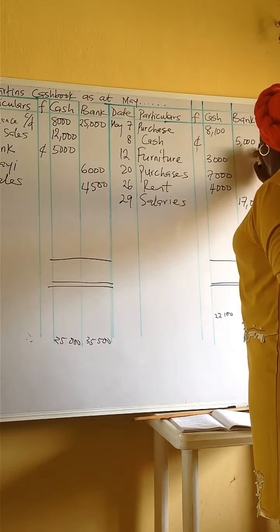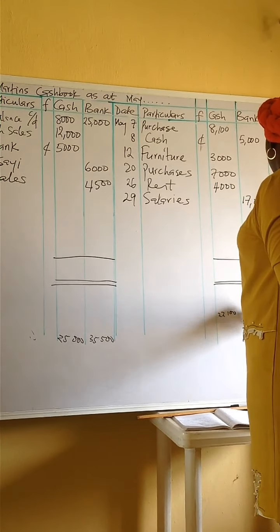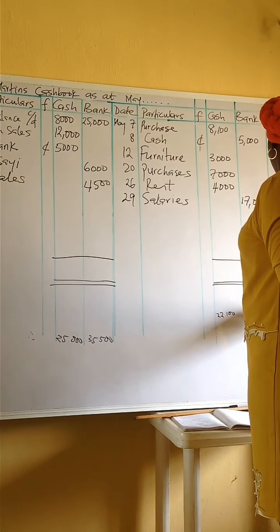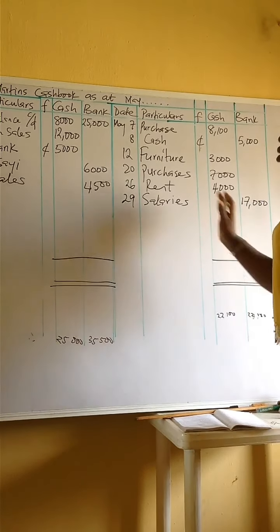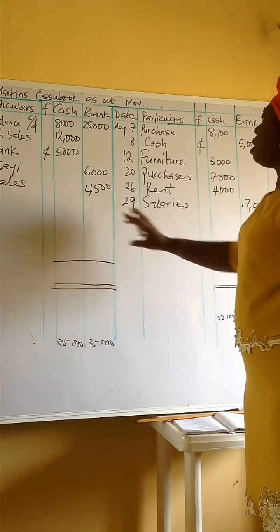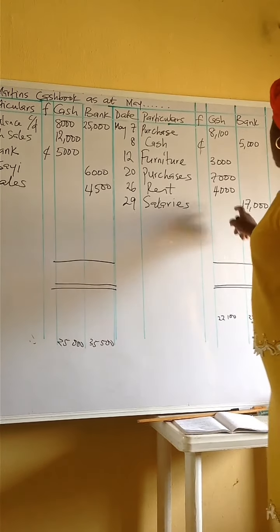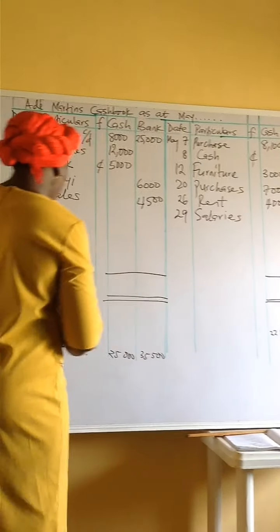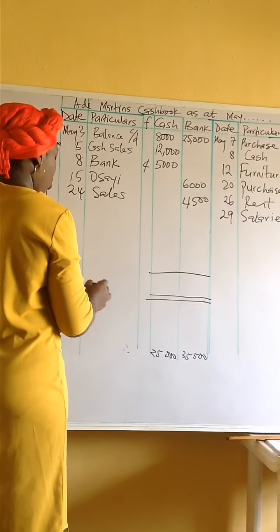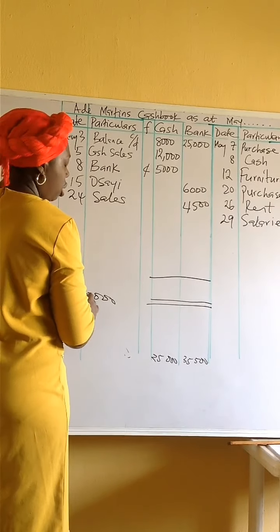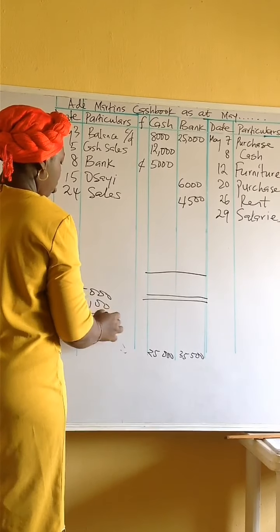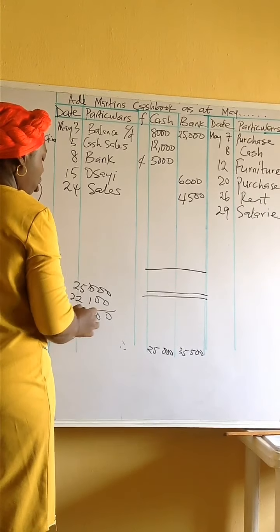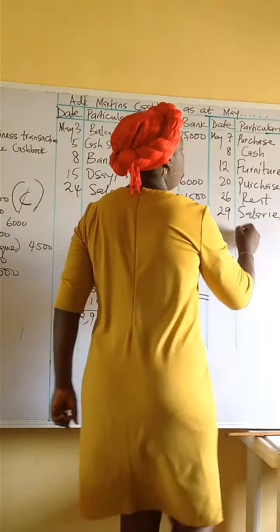And this plus this, you have 22,000 naira. So from this little addition, we've seen that this side is less than this. So we take this cash column total, 22,100, and take it away from 25,000. You have 25,000, then 22,100. You have 2 here.